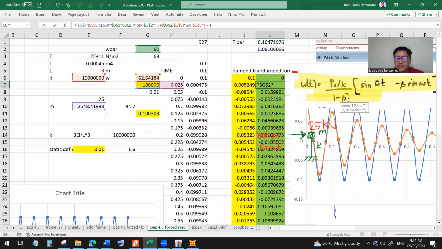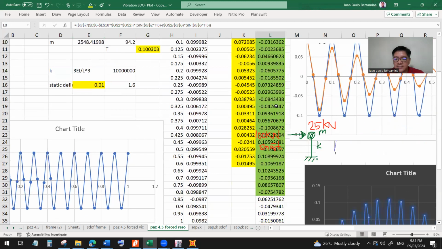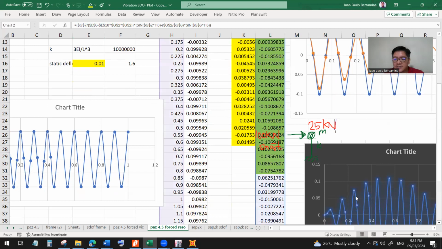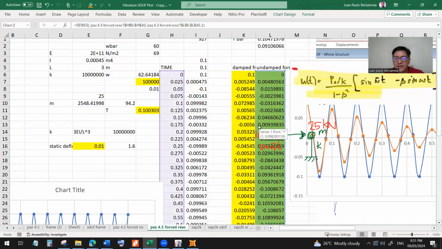Omega bar, K minus, that's E6, minus omega bar square, and then M, okay, so same, no? So basically, this is the response of the system, and its plot is this, okay?